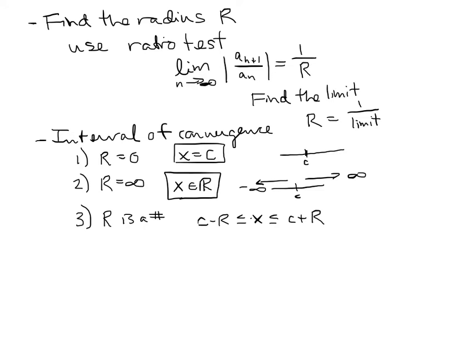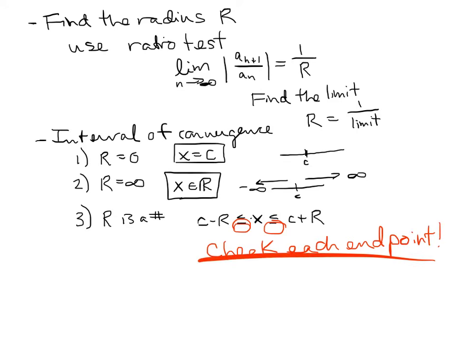And there's a very important detail in here, and that's these equals signs. You have to check each endpoint. I'm putting that in red, and I'm underlining it in bold because it's so easy to forget that detail. And it's also fairly lengthy to go through and check each different endpoint.